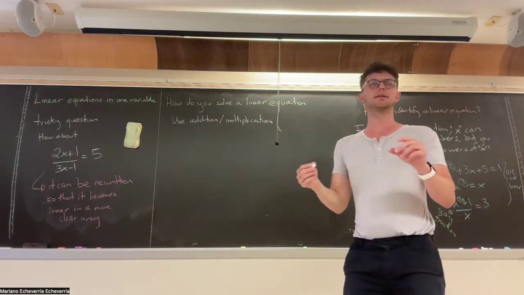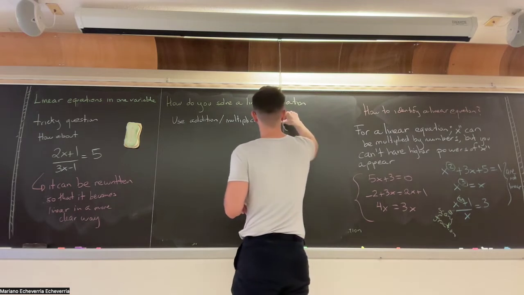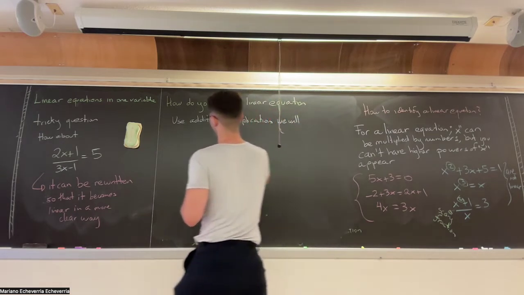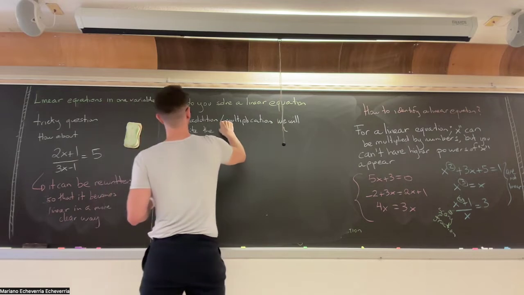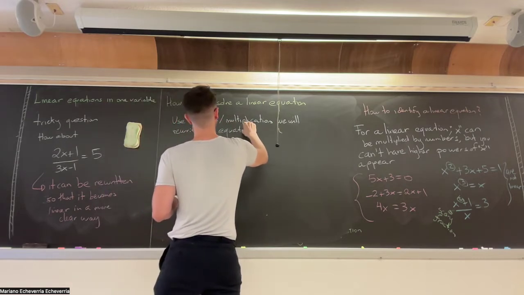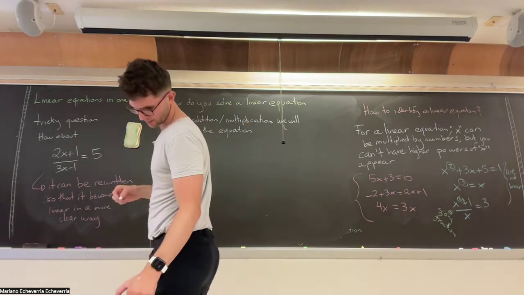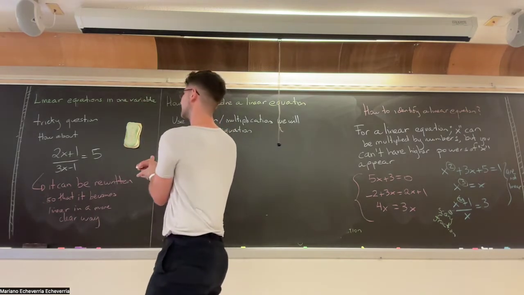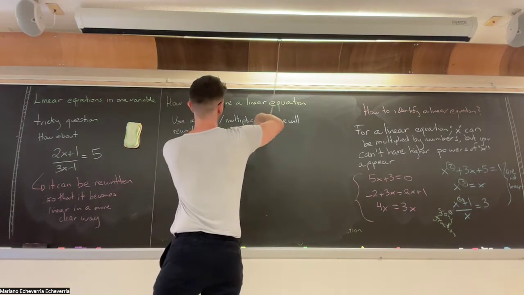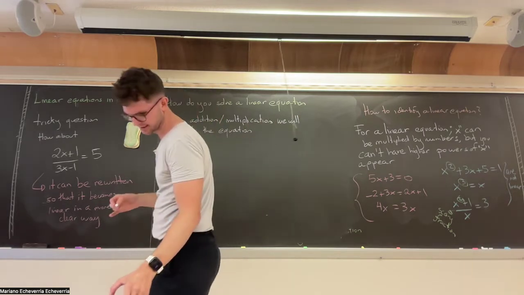We will rewrite the equation so that basically everything that has x appears on the left hand side of the equation, and the terms that do not have x are on the right hand side.